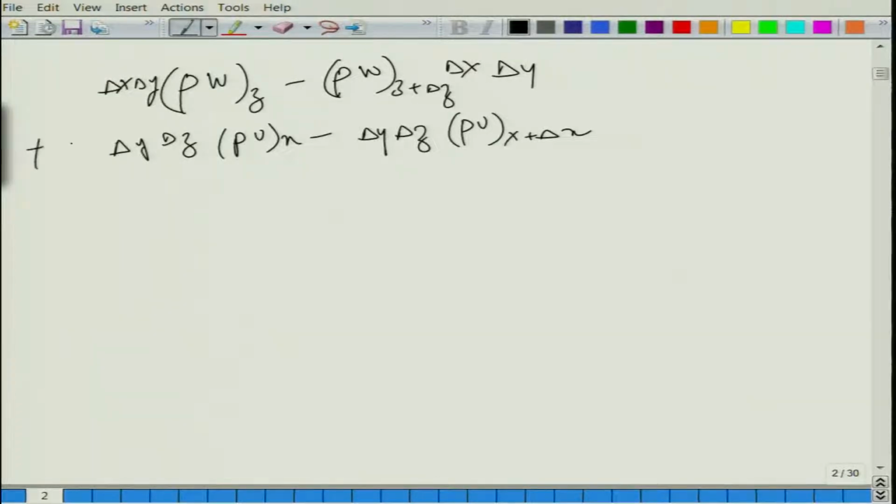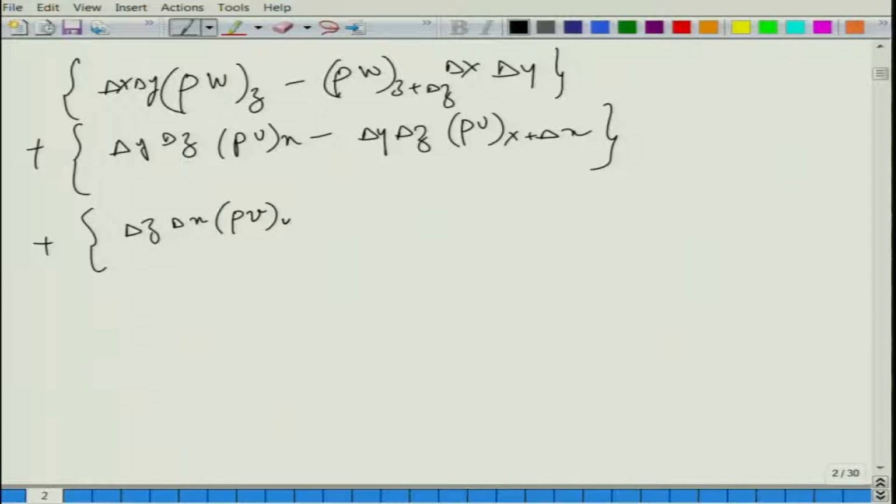So, plus this thing, and the one that leaves on the y side is your delta z delta x rho v at y, I mean this suffix means at y, and y plus delta y. Okay.